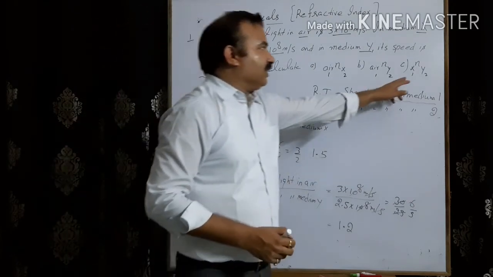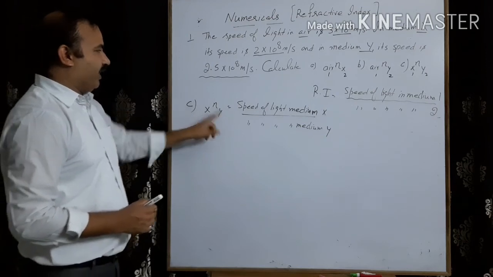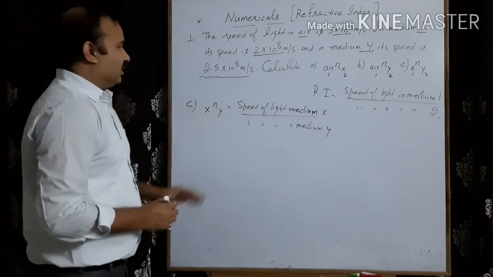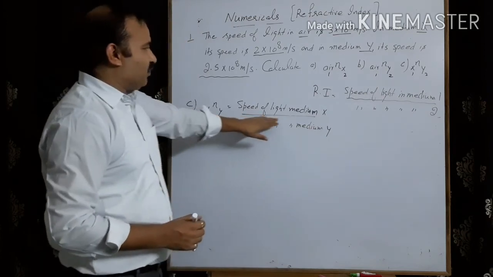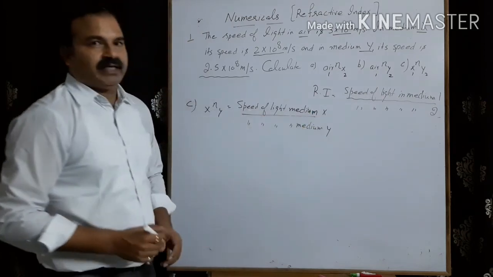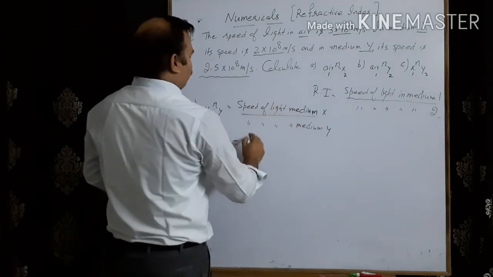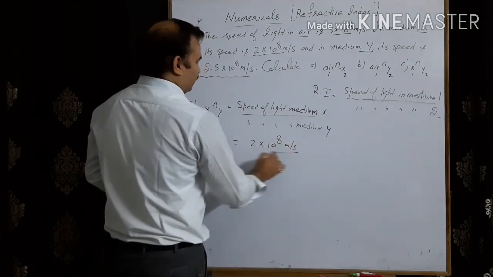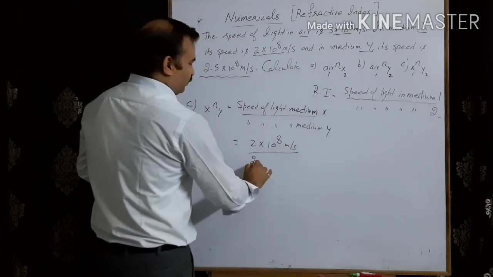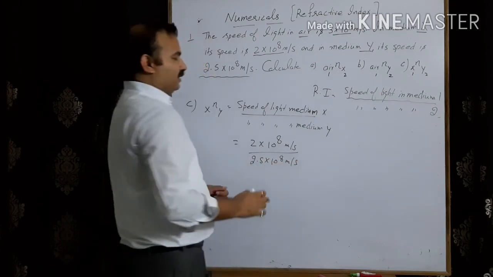Now we will find the third case. Now the third case is refractive index of medium Y with respect to X. So it means X is the first medium and Y is the second medium. So I have written speed of light in medium X upon speed of light in medium Y. So now substitute the value. In X, value is 2 multiplied by 10 raised to power 8 meter per second, and in Y it comes out to be 2.5 into 10 raised to power 8 meter per second.